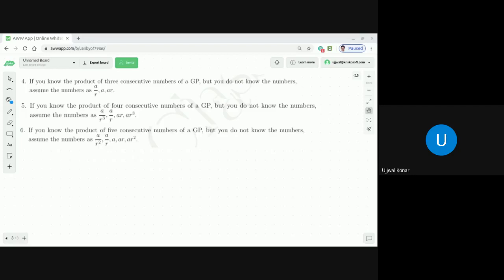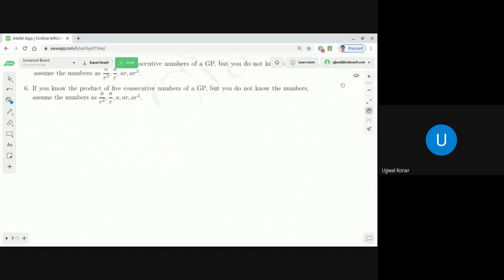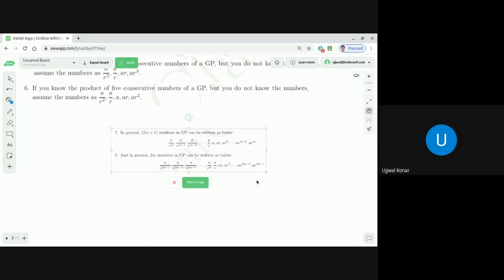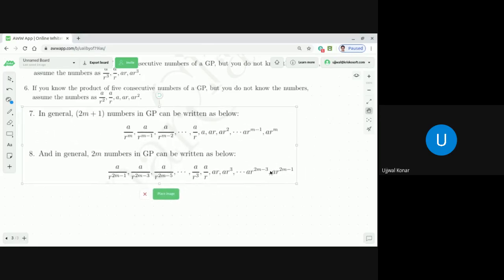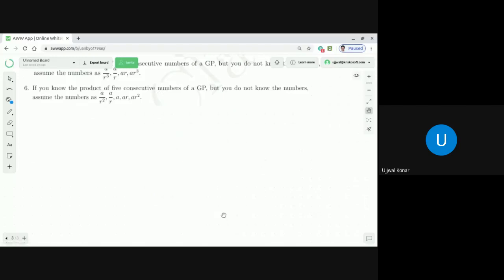And if you have 2m numbers in GP, how will you choose the numbers? That I am going to discuss now. So in general, if you have 2m plus 1 numbers in GP, the way you can choose these numbers is something like this.